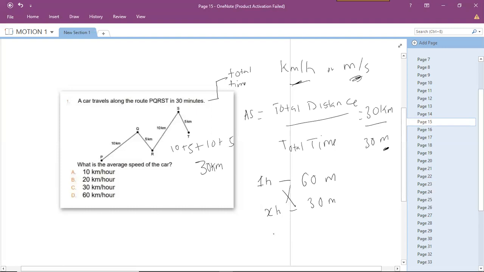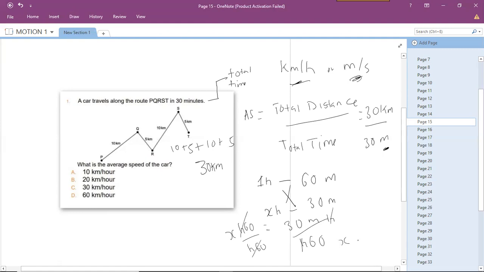We cross multiply, and then divide both sides by 60. The hours will cancel.